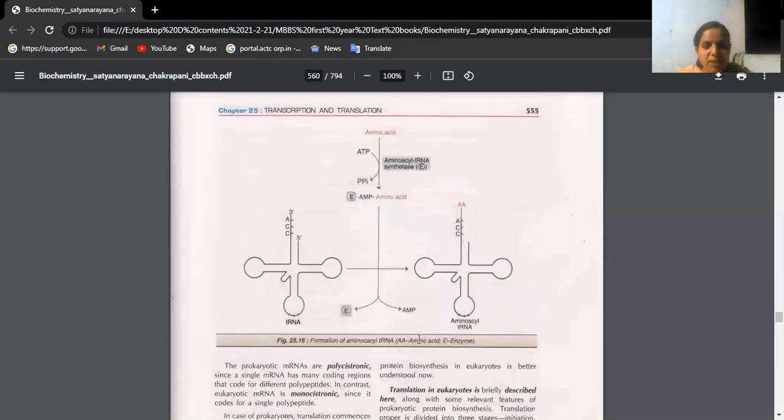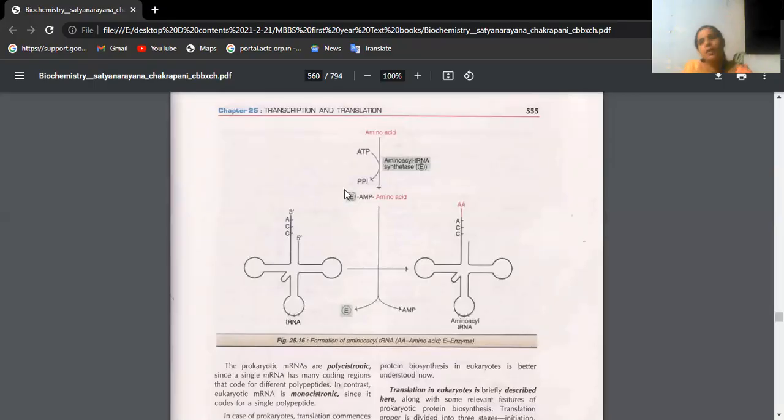Now, protein synthesis proper. See, amino acids. Suppose we have just talked about methionine, so let's keep methionine only. If methionine has to go and get attached to the tRNA, this amino acid first takes the attachment of AMP so that it is activated.